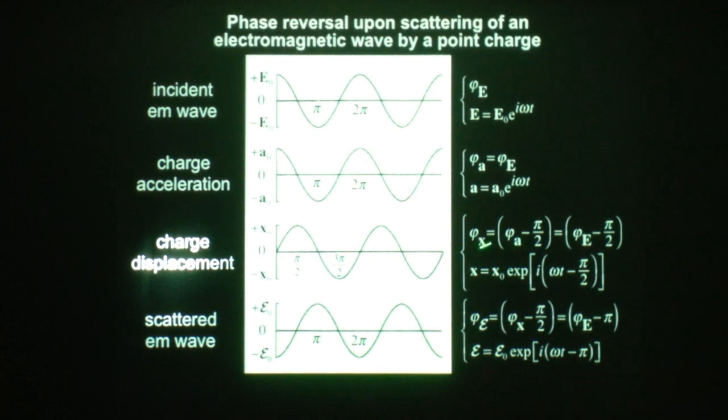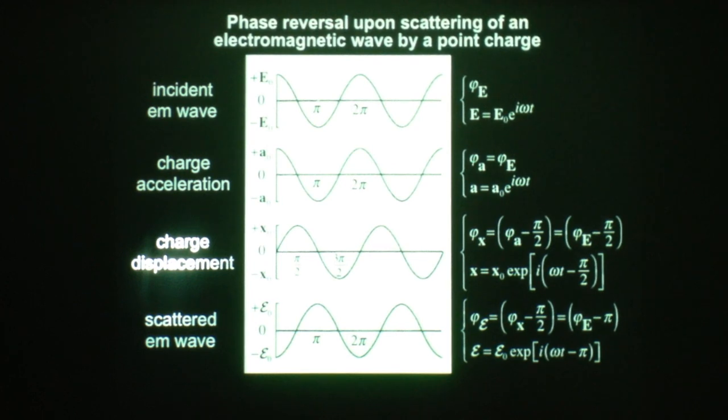Okay? So that's the phase of this oscillatory motion that's imposed on the electron. Well, what about the scattered wave? How does that relate? Well, the scattered wave, we know, is going to have phase opposite the incident wave.